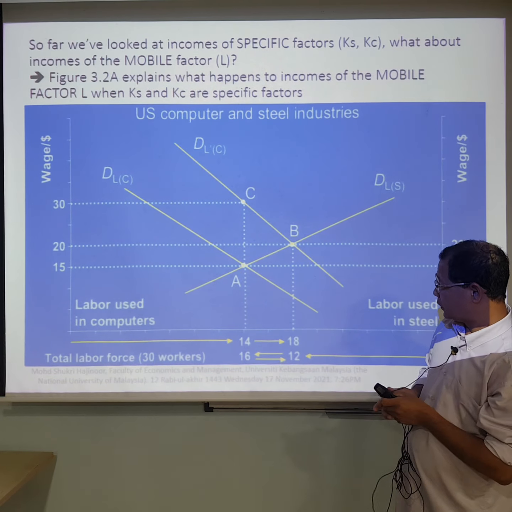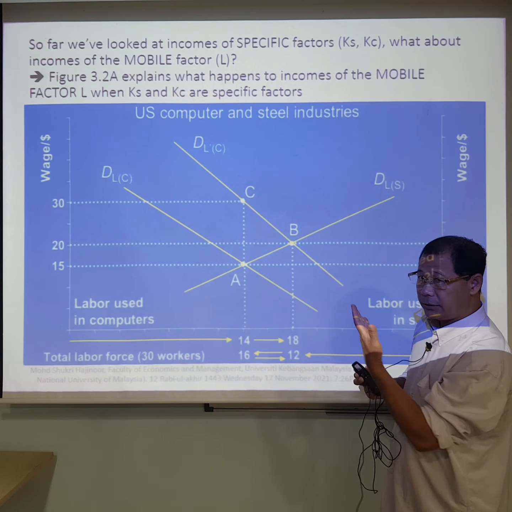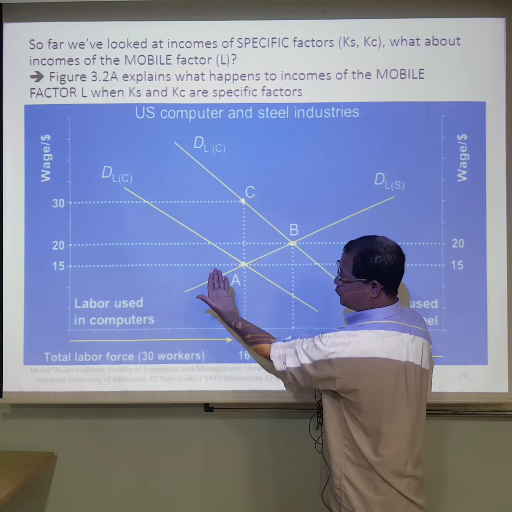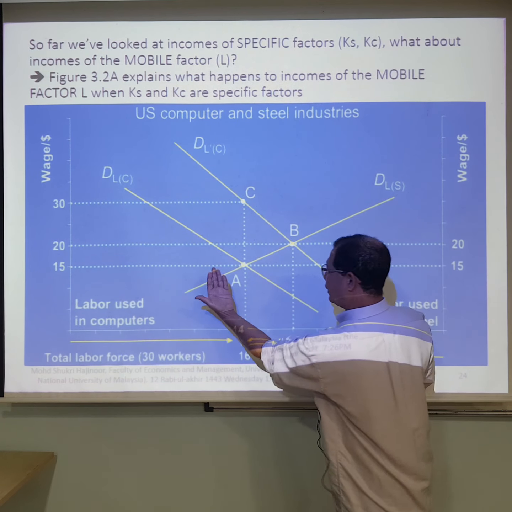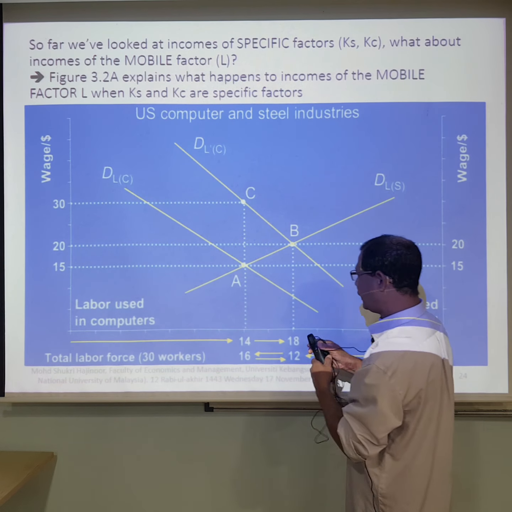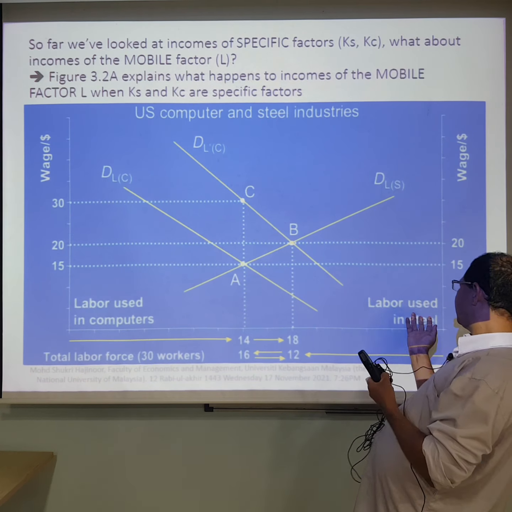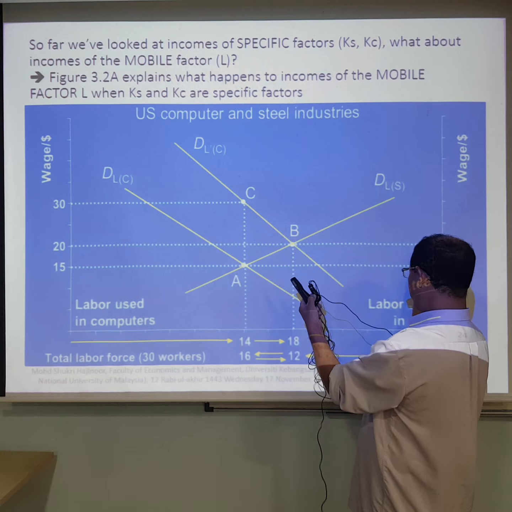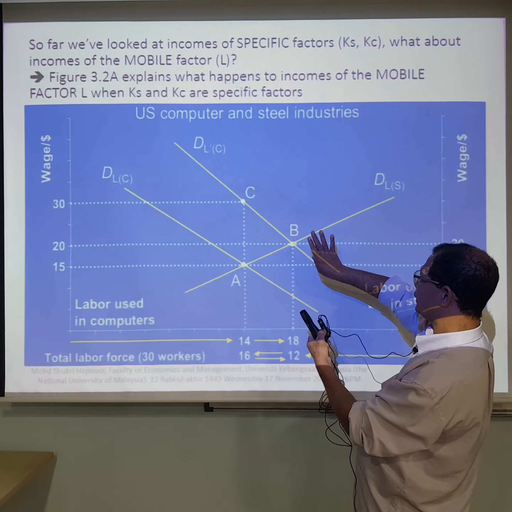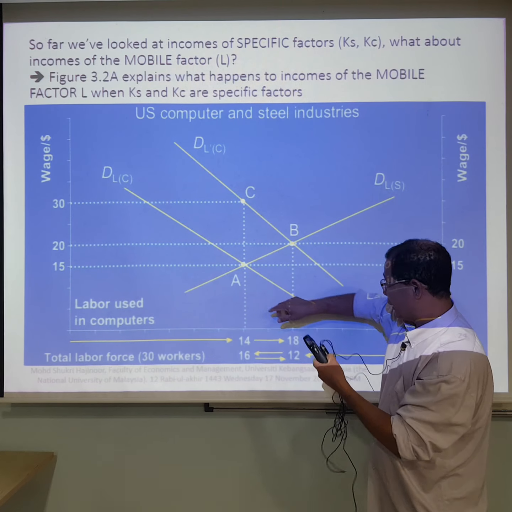So actually, this is two graphs. One for labor in the computer industry, another for labor in the steel industry. We flip the labor in the steel industry this way so that we can see.